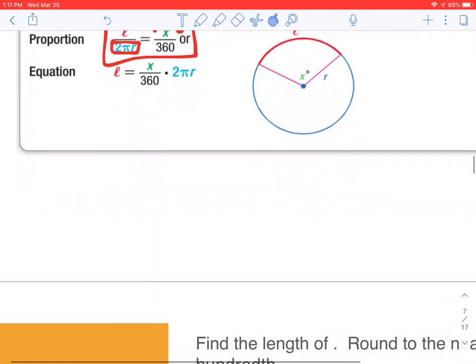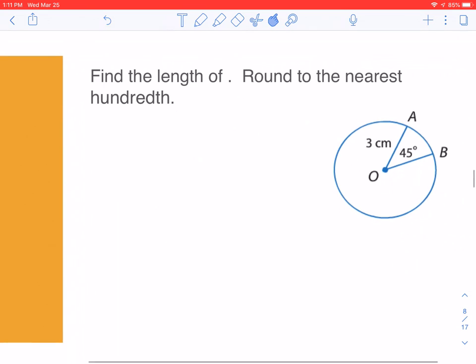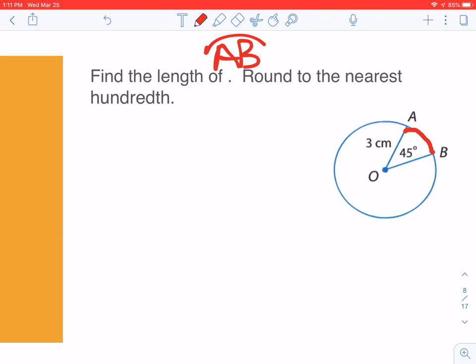All right, so let's try some of these. I'm actually going to write the equation on here. Okay, so we're finding the length of AB. Sorry, AB somehow got deleted out of here when I transferred it. We're going to find this length right here. Okay, so we have our equation.